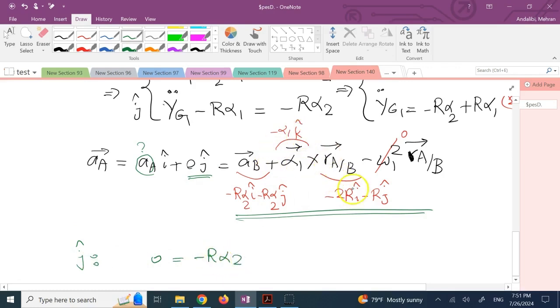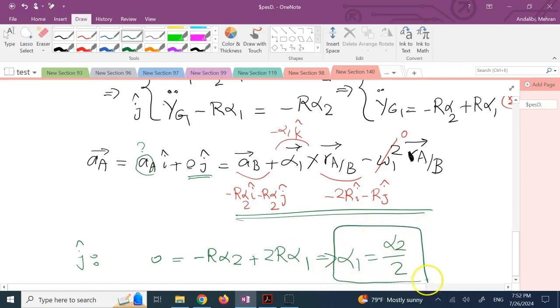And also I have a k cross i, which is j, and both of these negatives would cancel. So you're going to get plus 2R alpha 1. This is 0. Guess what? This gives us a very nice thing, and that gives us that alpha 1 is actually alpha 2 over 2. You see? So this guy can be called equation 9.